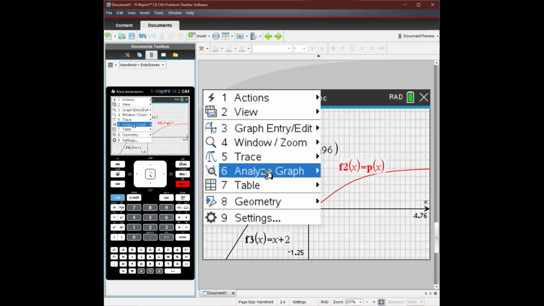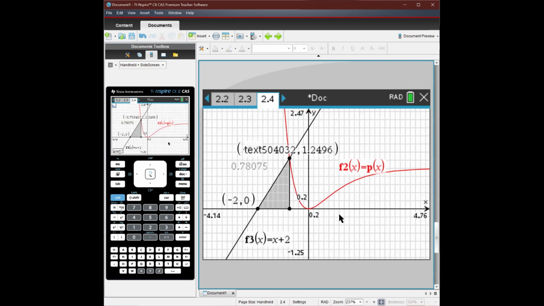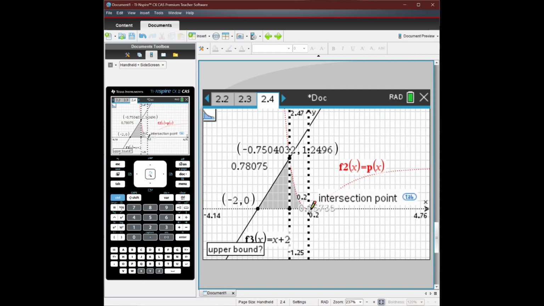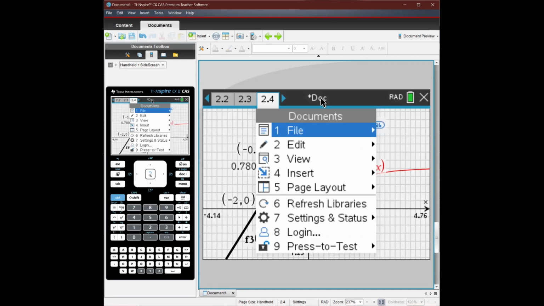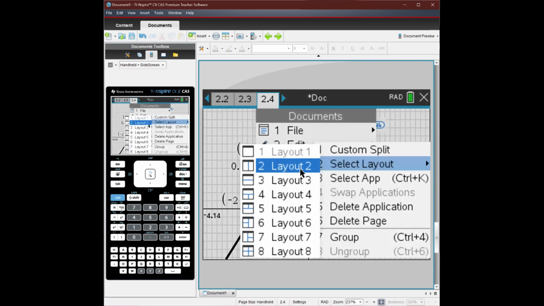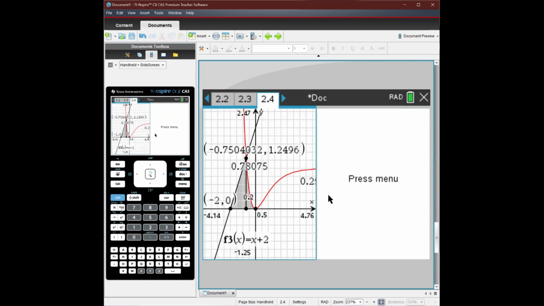And then we can go for analyze graph integral. Now I click into this function, but instead of using, actually, I can click into this point up to 0. And then eventually I can add these two up. So let's do a page layout, select layout, side by side.